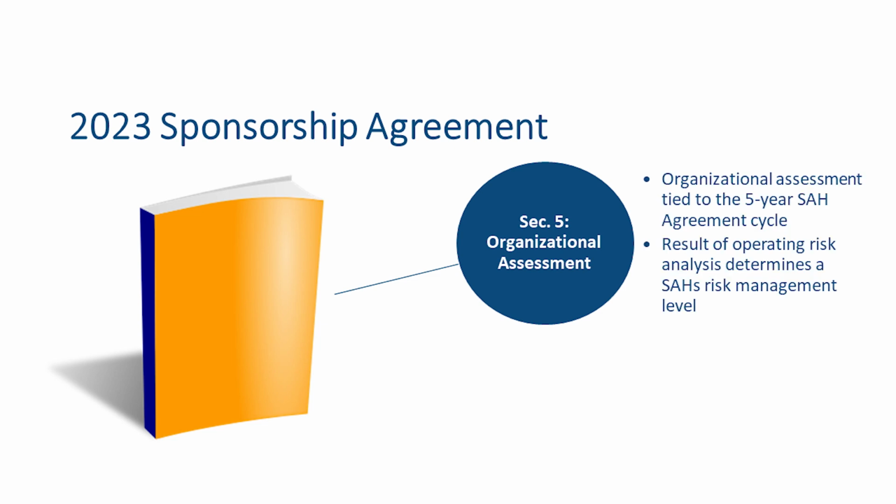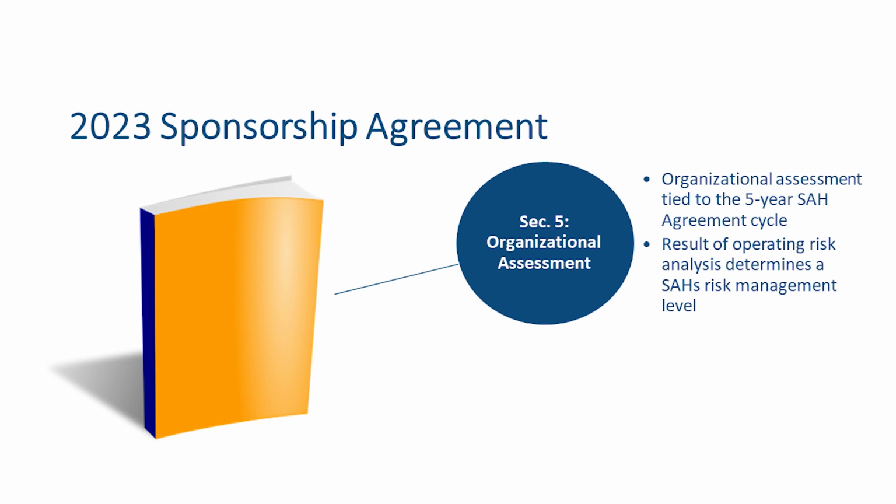which states that the organizational assessment process, which you all went through last year, is now part of the 5-year sponsorship agreement cycle. So every 5 years, your organization will have to go through this organizational assessment process as part of the renewal cycle of the sponsorship agreement.